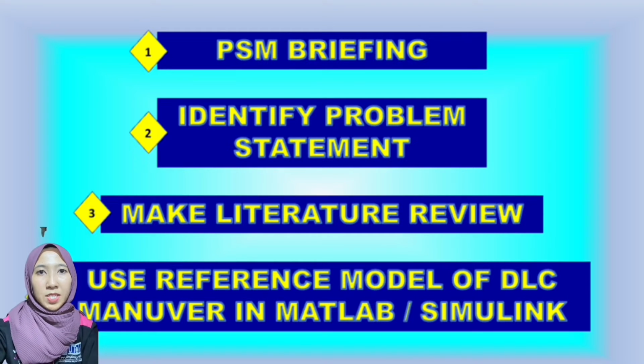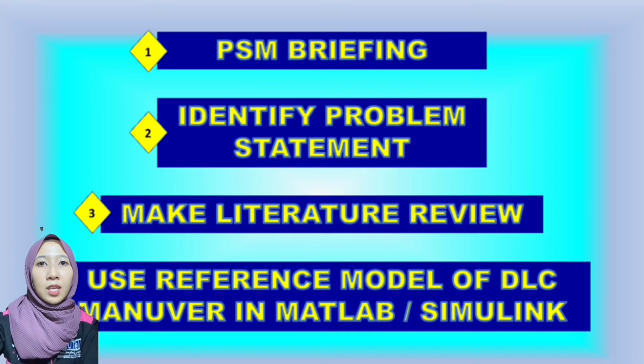For the methodology part, for the first week, there was a briefing of PSM by Mr. Low. Next, after we knew the title of the project, we identified the problem statement, and then did a literature review from previous researchers, and then used a reference model of double lane change maneuver in the MATLAB Simulink software.